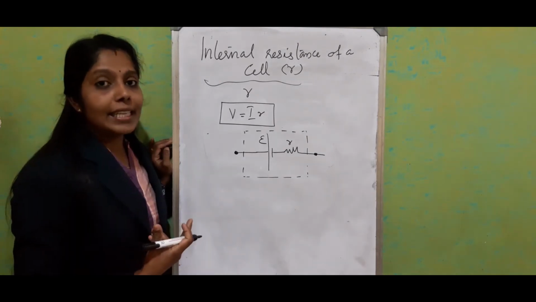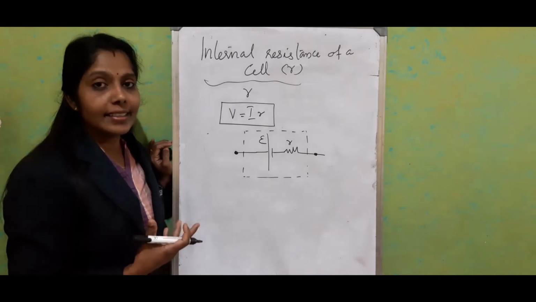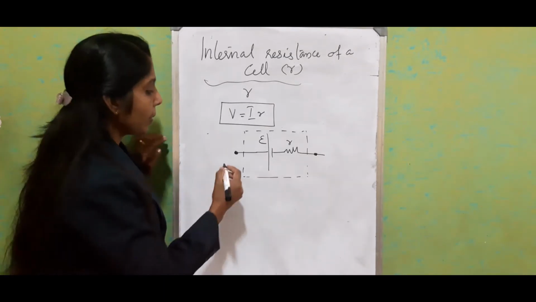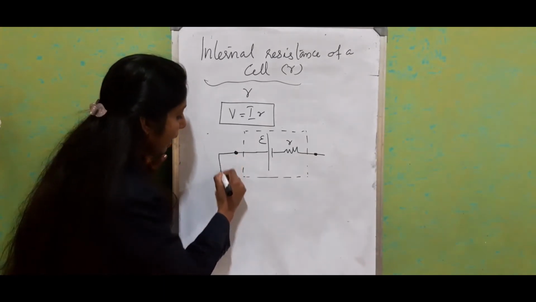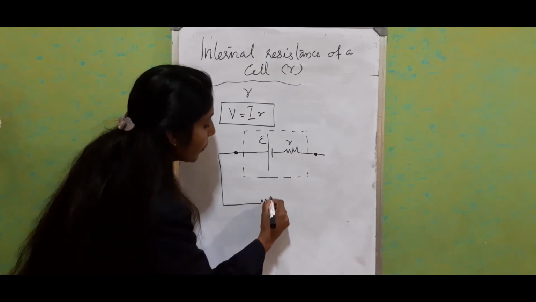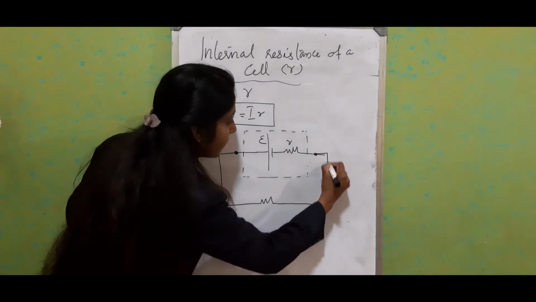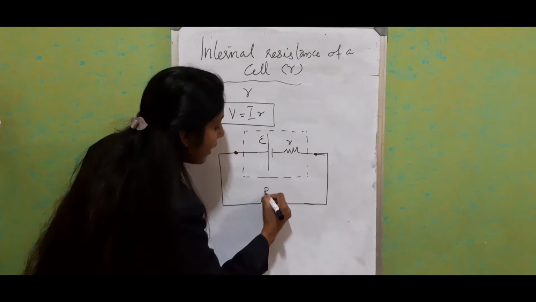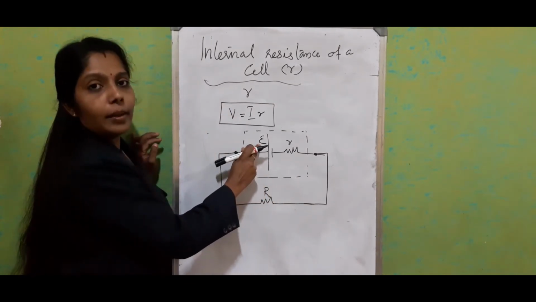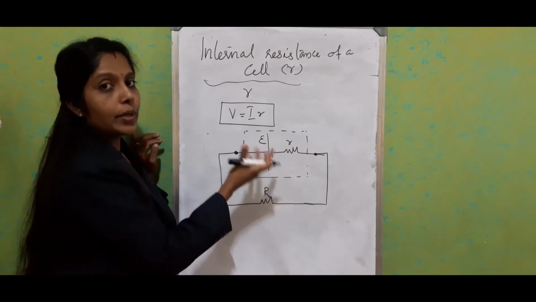Now we'll see the relationship between internal resistance and terminal voltage. For that, I am connecting the external circuit with another resistor, R. The total available potential difference in the circuit is epsilon.